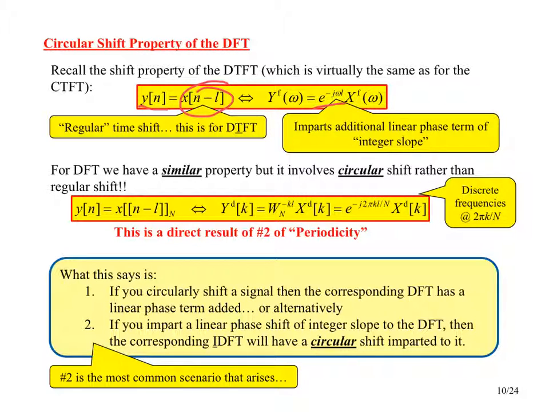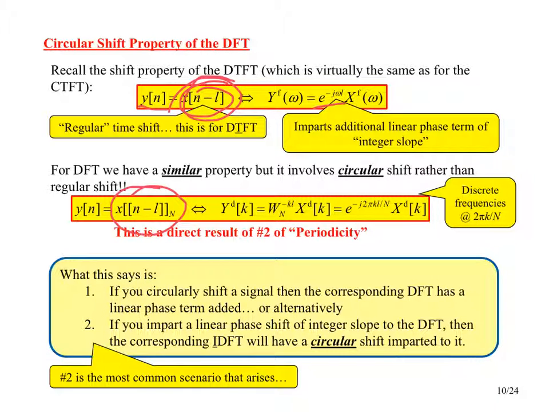Now for the DFT, we have a similar property, but it's for a circular time shift rather than a regular time shift. So instead of having, like we have up here, a regular time shift where the whole signal shifts left or right, we have here the modular shift or circular shift.